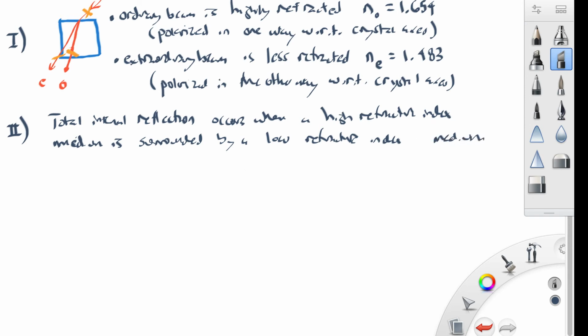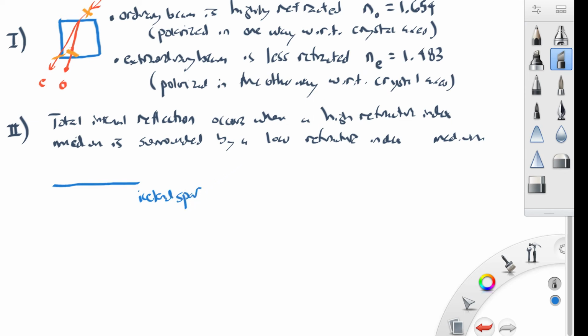So let's suppose that we have a boundary between two media, okay? And let's suppose that this one is Iceland spar or calcite, okay?